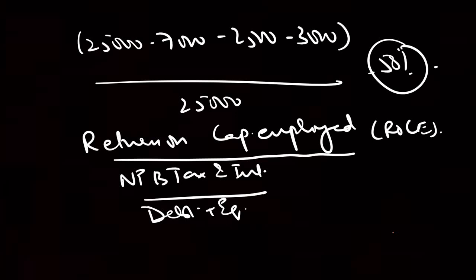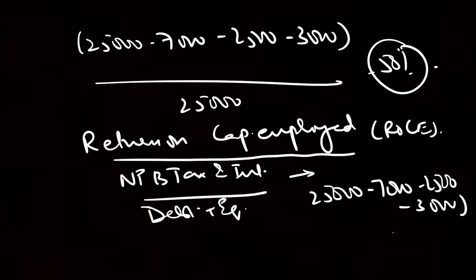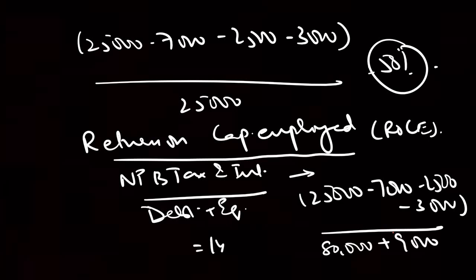Right, since nothing is mentioned about the interest, interest is 0. So again it will be 25,000 minus 7,000 minus 2,500 minus 3,000, and we are dividing this value by long-term debt plus equity, right? 80,000 plus 9,000. So we are getting a value of 14%.